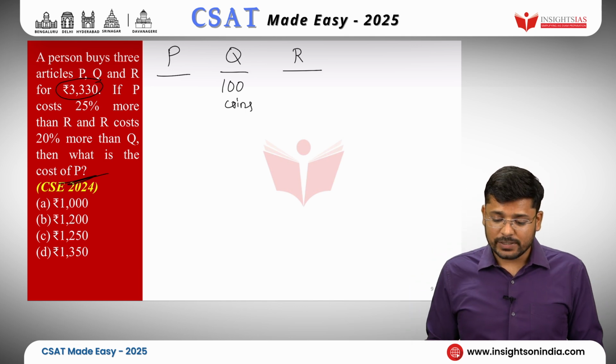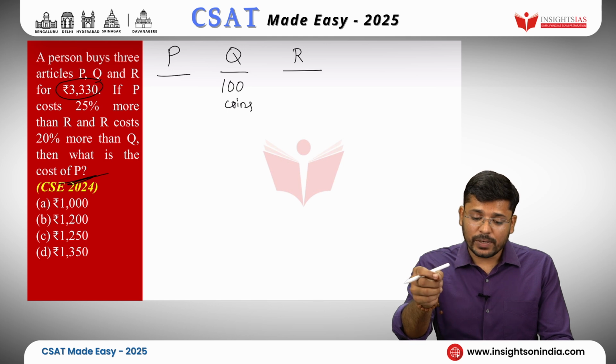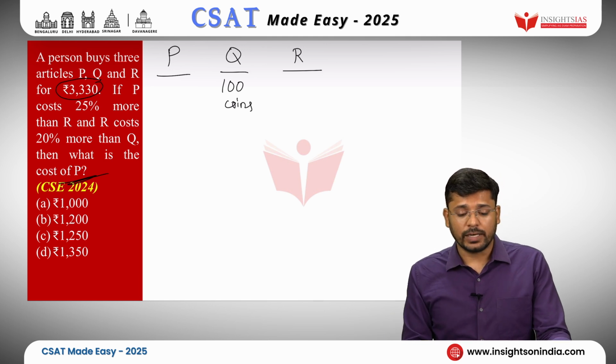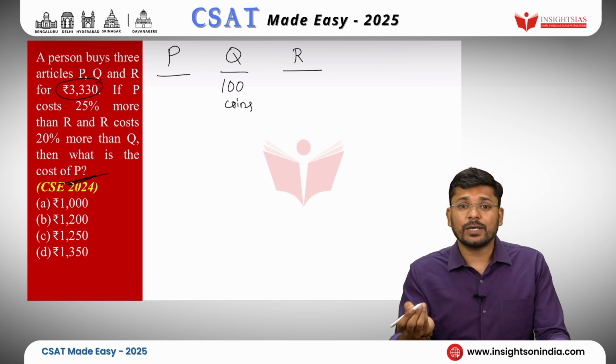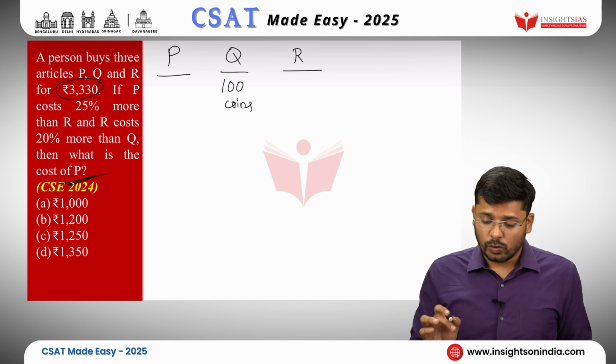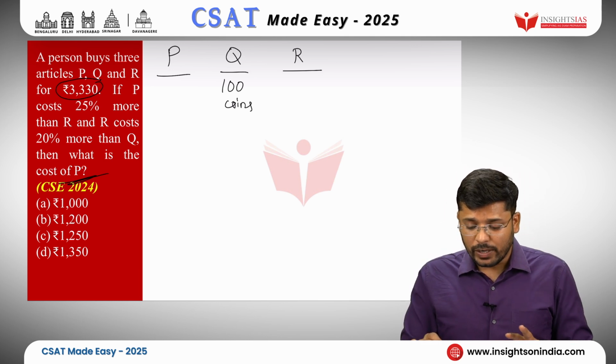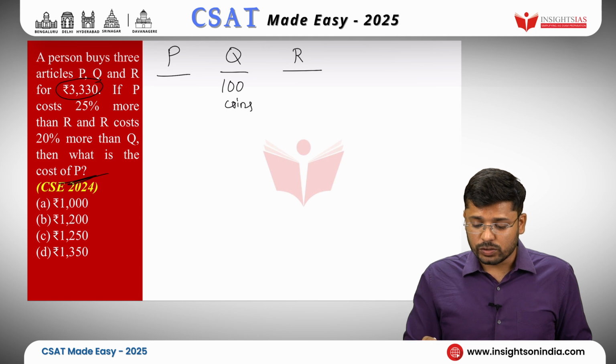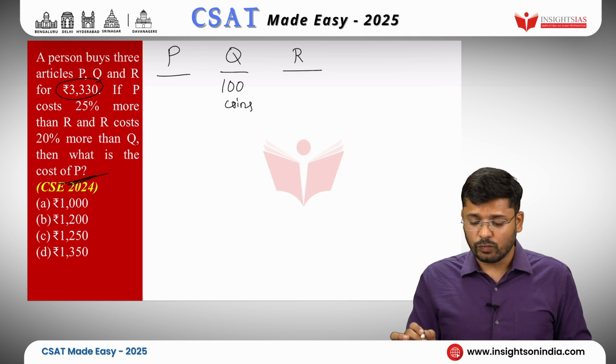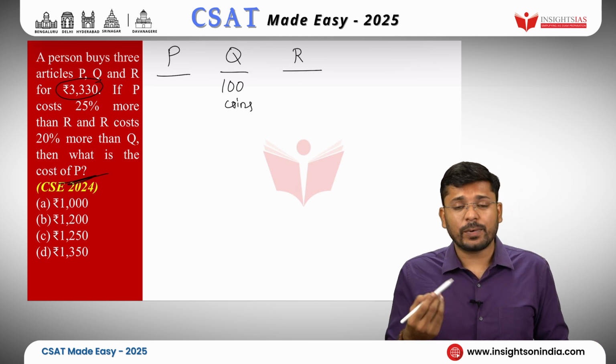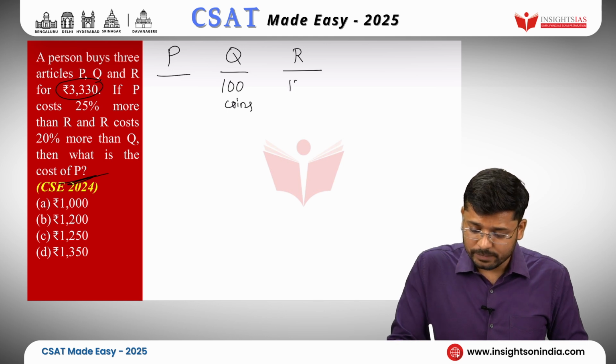Now look at the statements. P costs 25% more than R, and R costs 20% more than Q. So with the assumption of 100 coins as the cost of Q, we can find the cost of R easily. It is 20% more than 100, that is 120.